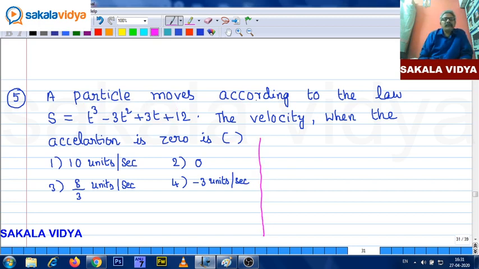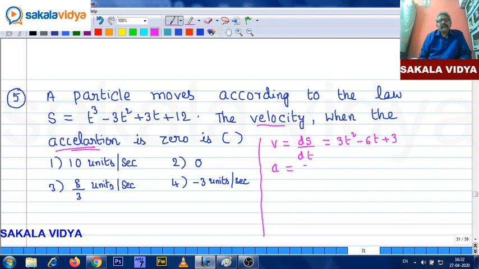A particle moves according to the law S is equal to t cube minus 3t square plus 3t plus 12. The velocity when the acceleration is 0. This is a very important point. First we need to equate acceleration to 0 so that we get the t value. Velocity is given by ds by dt. Differentiating s with respect to time, we get 3t square minus 6t plus 3.